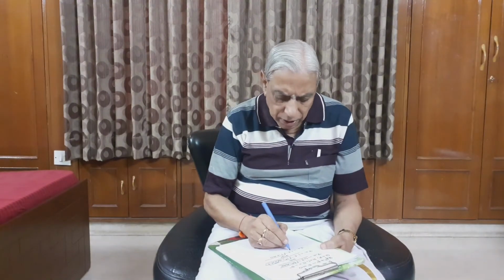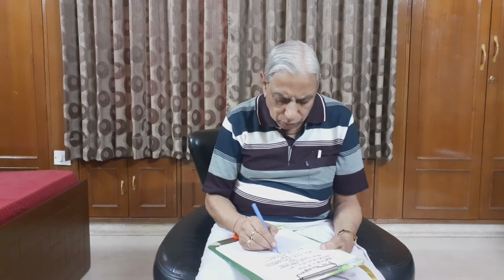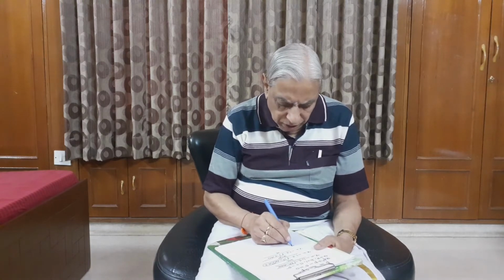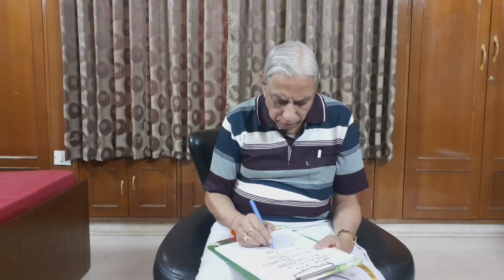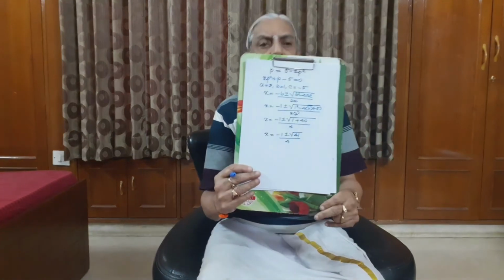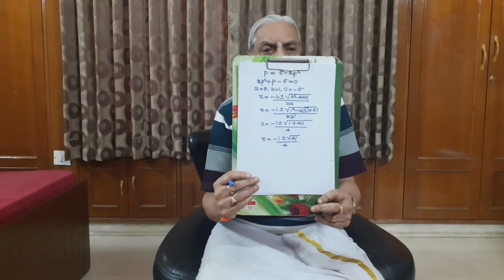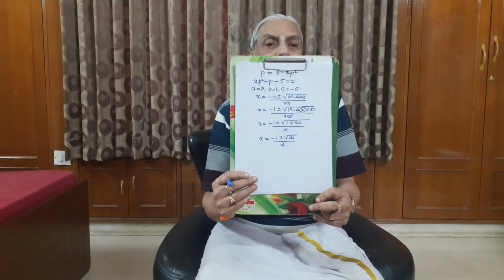Whole divided by what is 2 into 2? That is 4. Therefore X now is equal to minus 1 plus or minus square root of 41, whole divided by 4.